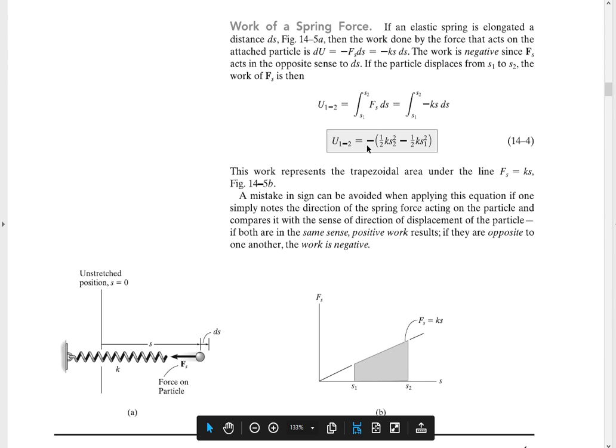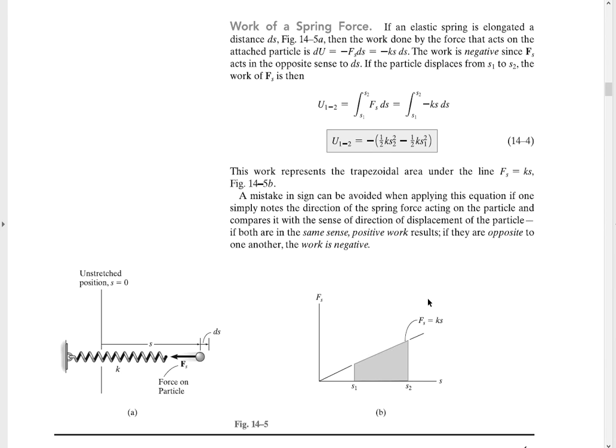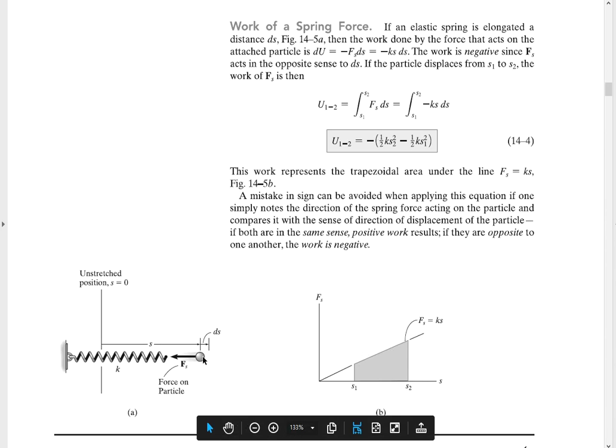Okay, and in terms of the sign, I said earlier that you can either compress a spring or you can stretch it over its unstretched position, and we need to measure the deflection s from the unstretched position in order for this equation to hold true.